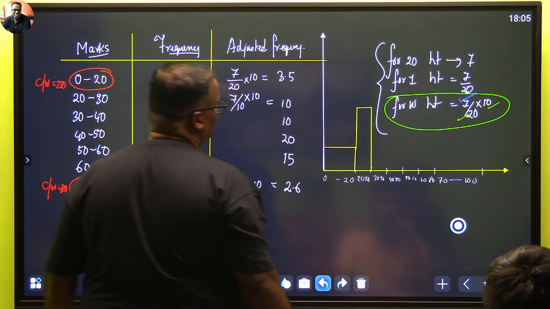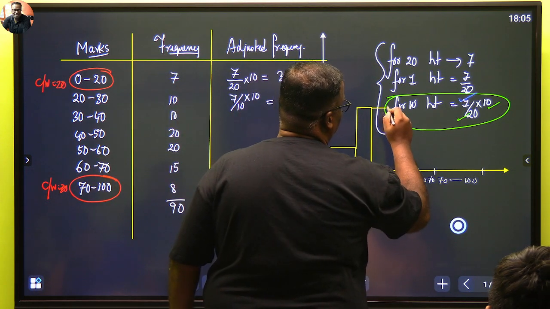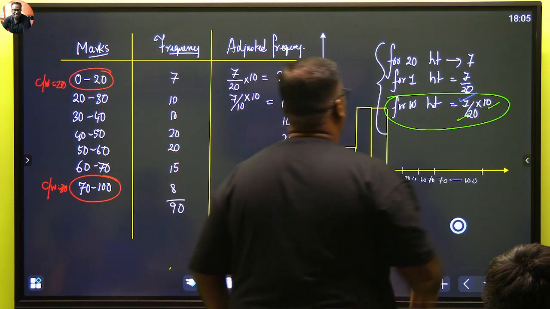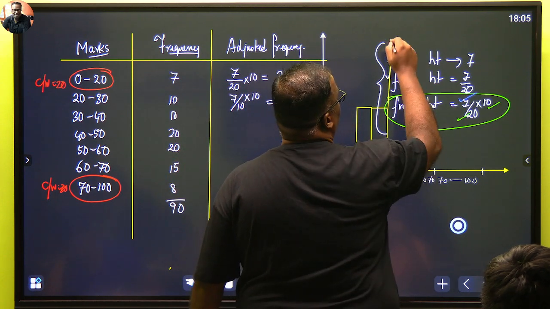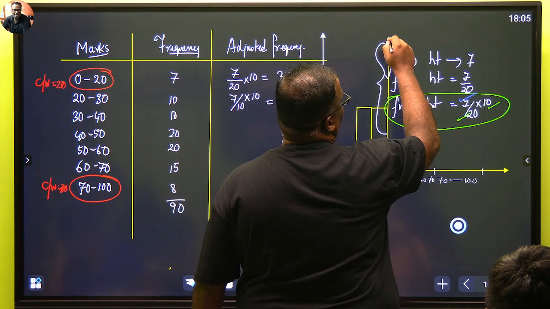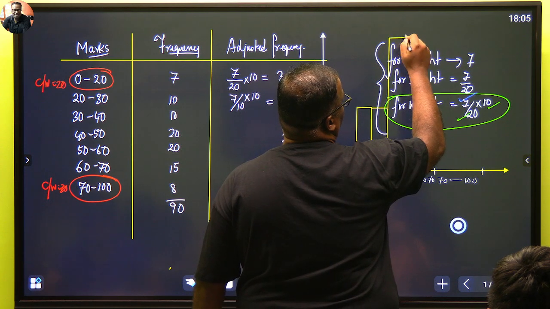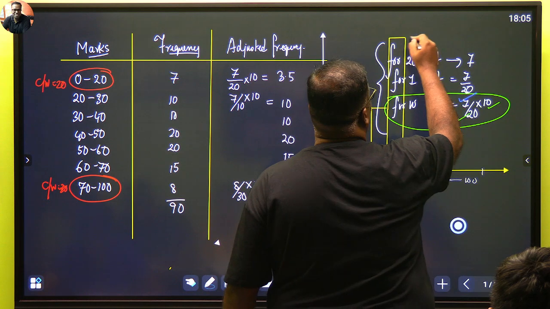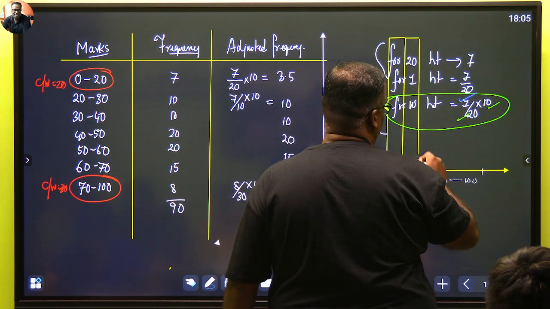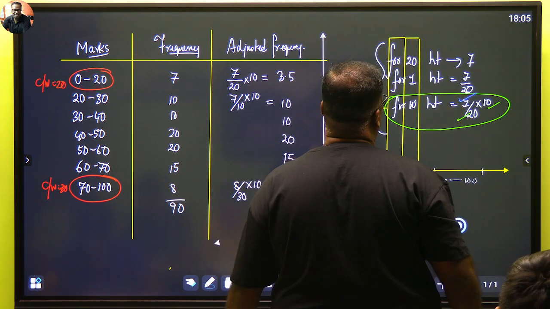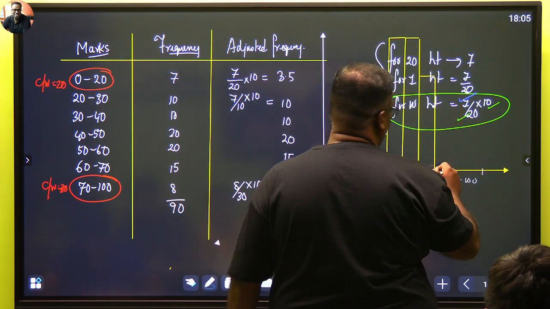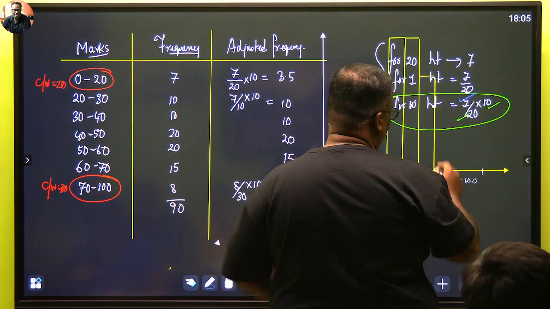Next one is how much? 10. उसके बाद वाला कितना है? नहीं 20. 20 मतलब इसका डबल. उसके बाद कितना है? अगेन 20. उसके बाद कितना है? 15 मतलब 10 और 20 के बीच में. देन कितना है? 2.6 यानी 3.5 से थोड़ा छोटा.